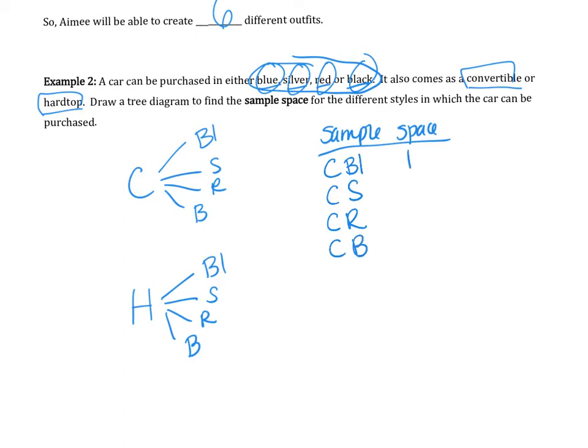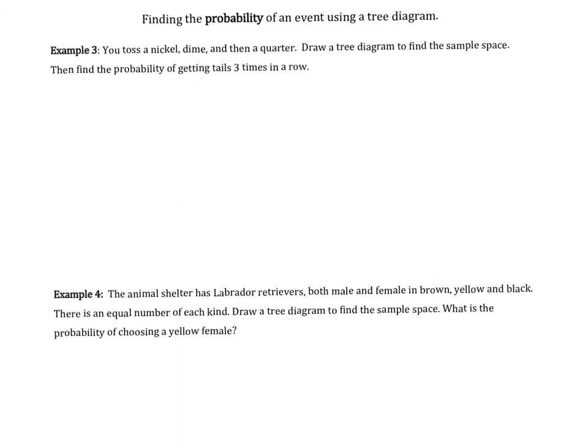And then same for hardtop in blue, hardtop in silver, hardtop in red, and hardtop in black. So in total, we have 8 outcomes or 8 possibilities.